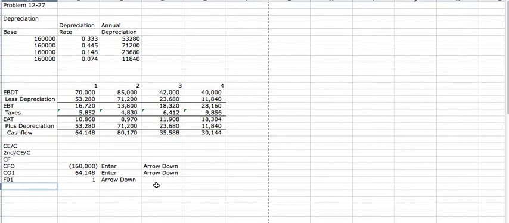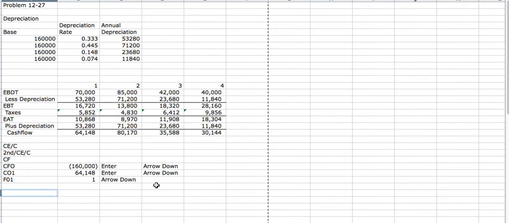Enter, and then arrow down. F03 is 1, so we can arrow down. C04 is 30,144, and we push enter and arrow down. Once we have all of our cash flow numbers entered, C01 through C04 and F01 through F04, we're ready to compute net present value.